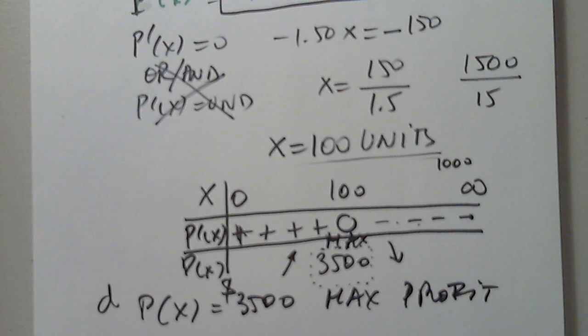And let's see the last question here, part E. What price per suit will maximize profit? So we have to go back here and replace x by the number we found. How do we get the price per suit?